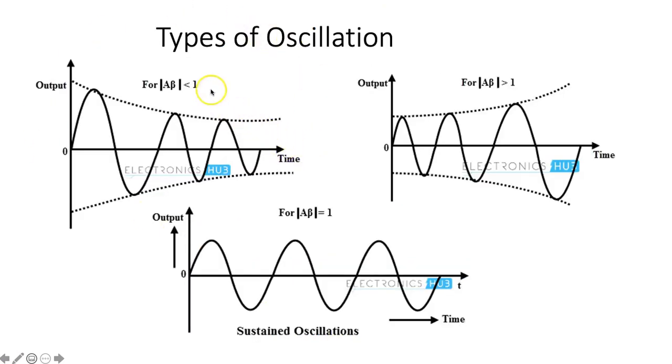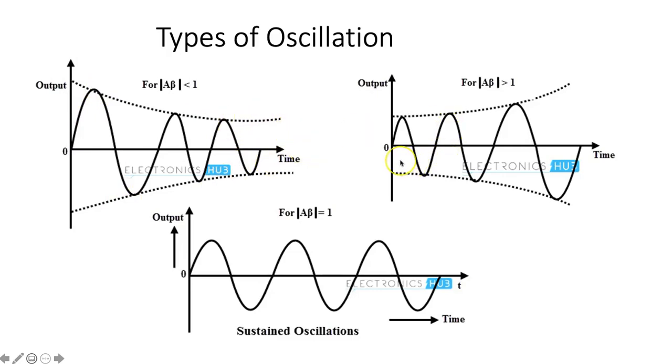In this slide, we see different types of oscillation under three different conditions: when A beta is less than 1, when A beta is greater than 1, and when A beta is equal to 1. When A beta is less than 1, the oscillation has higher amplitude in the beginning and then it diminishes.